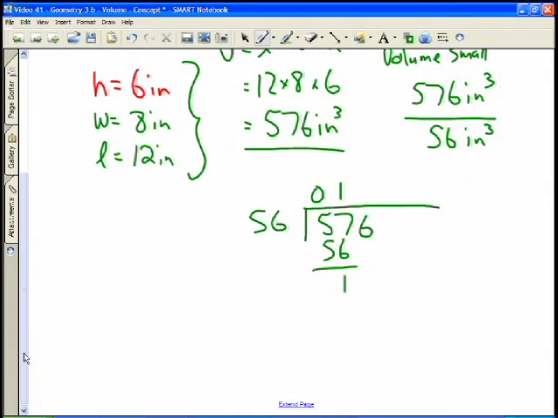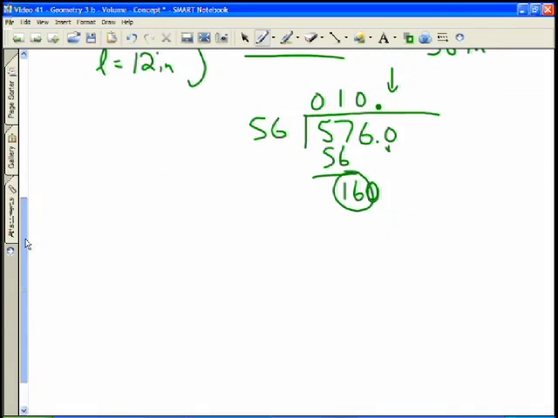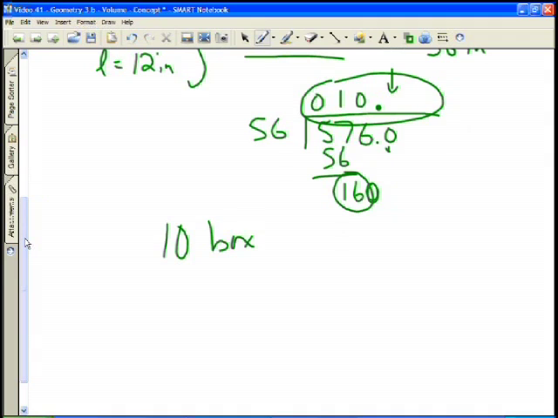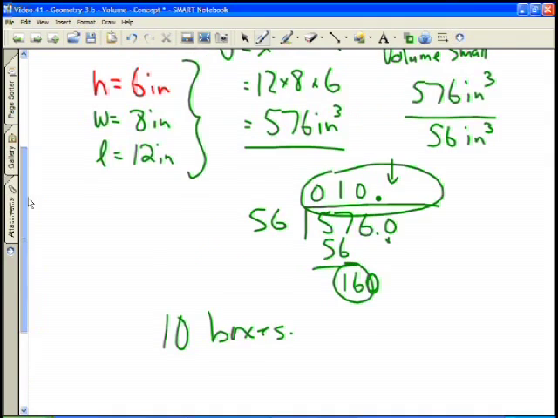So 57 minus 56 is 1, carry down the 16, and so here we have 56 is not going to go into 16, so we could put down our placeholder, but then you can see if we put down our placeholder, then we're going to be left with 10 point something boxes. And we don't even have to do the rest of this division because obviously we can't have part of a box, so the answer to this question is 10 boxes.